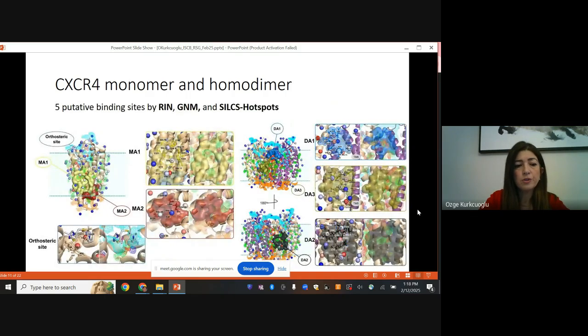Then we used SILCS calculations to assess the predicted binding sites, and we propose 5 putative allosteric binding sites, 2 for the monomer and 3 for the dimer. And here, please note that MA1 on the monomer corresponds to DA2 on the dimer.